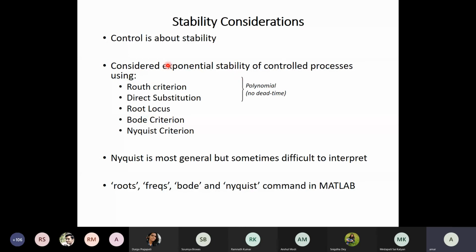And we have discussed here the exponential stabilities, because it's important for the linear system. So we have taken the root criteria, direct substitution, root locus, Bode criteria, and Nyquist criteria.